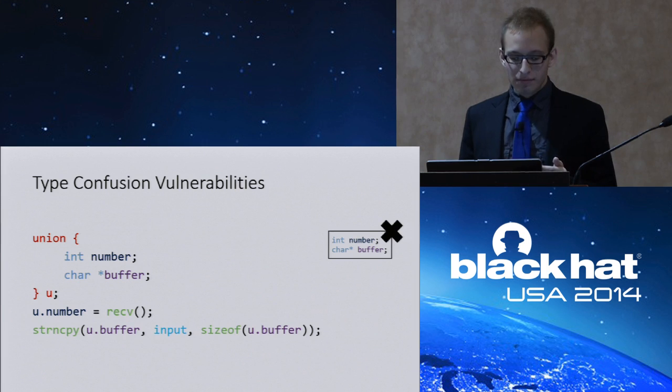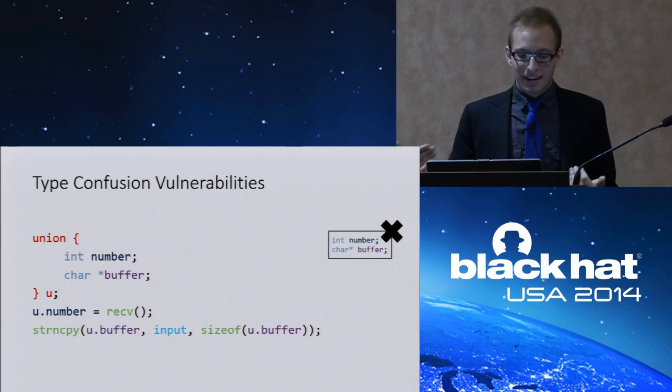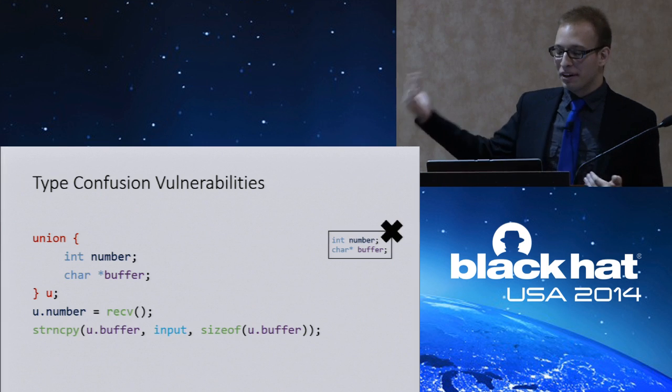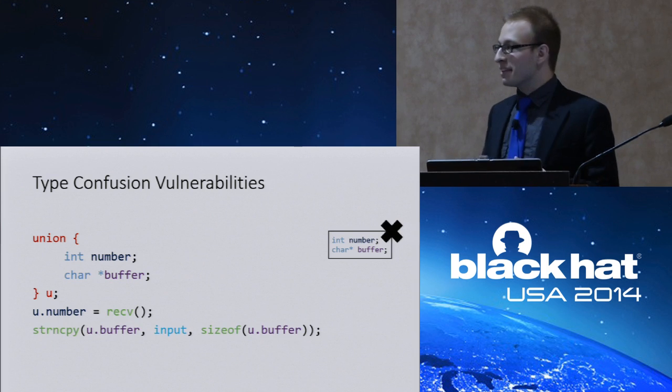So if we read 4 bytes from the network into number, and that's treated as an integer, and then we reference buffer as a pointer, they're going to be the same memory.